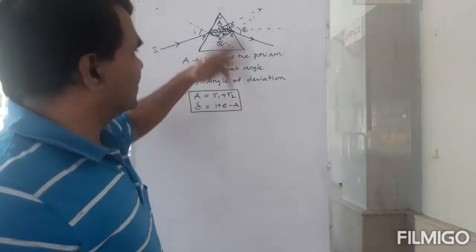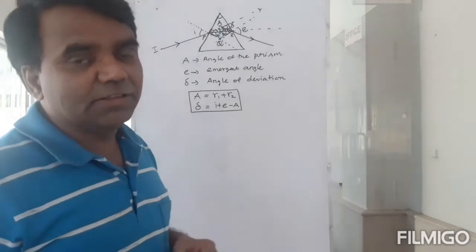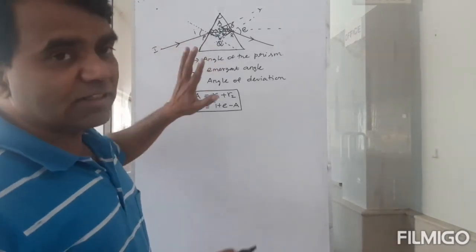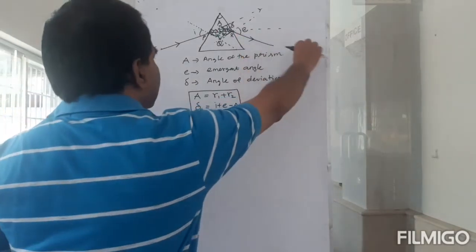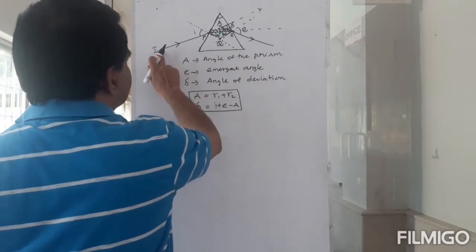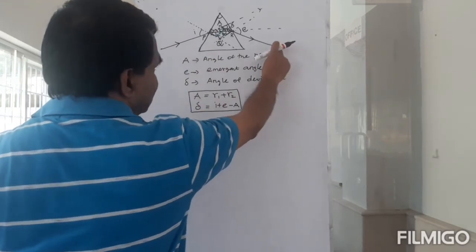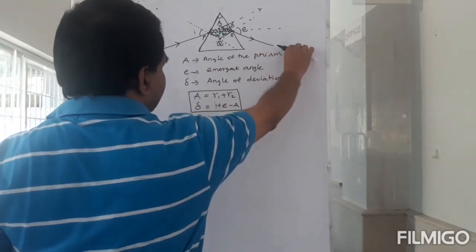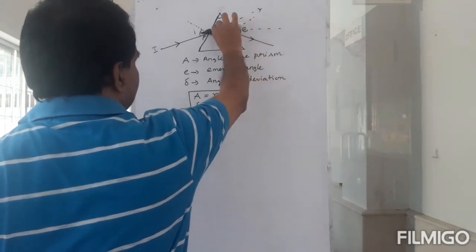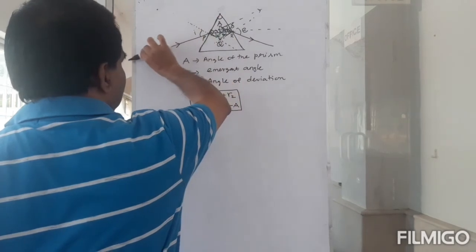So from this picture, we can very easily make out that instead of this being the incident ray, suppose I reverse it. Suppose I send the ray in this direction. If I keep the object here, then the light ray that goes like this will get refracted and come back like this.